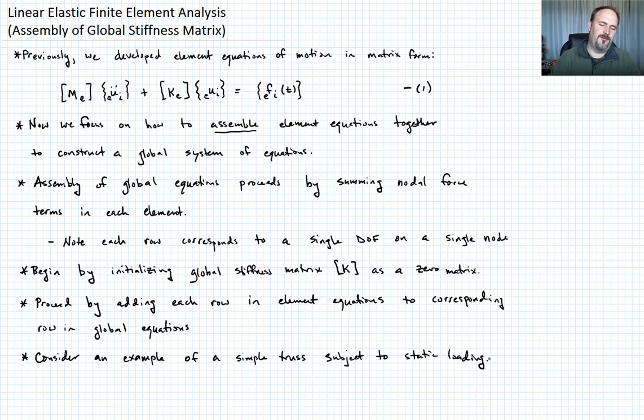And I'm doing that so I don't have to, in nitty-gritty detail, write everything down and keep track of the mass and the stiffness matrices simultaneously. Everything I'm doing in this example will pertain to the equations of motion, so we're just going to focus on developing that global stiffness matrix.